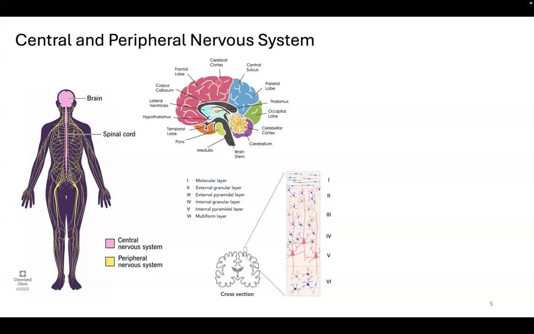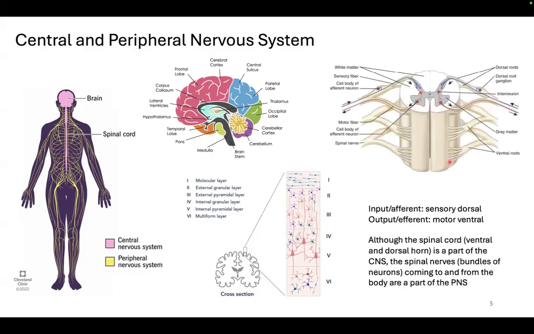Then specifically talking about the cortex, which is often one of the most studied regions of the brain, neurons are arranged in several different layers, with different functions, different ages of development and all of that. Again, this is just for your information. What is relevant for this week's discussion is something about the spinal cord.